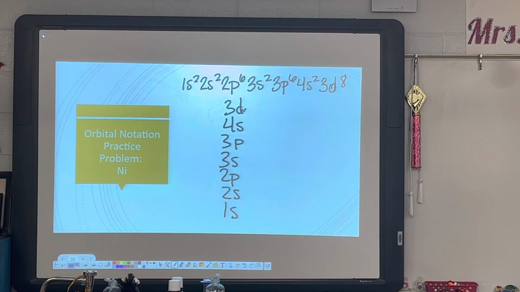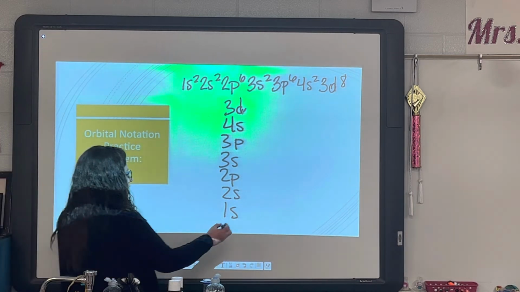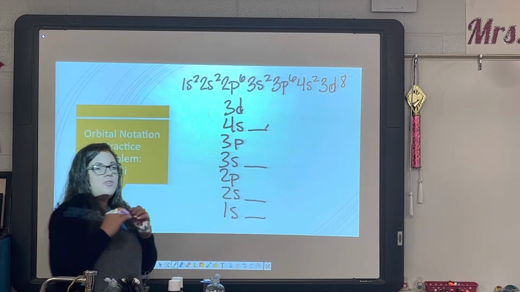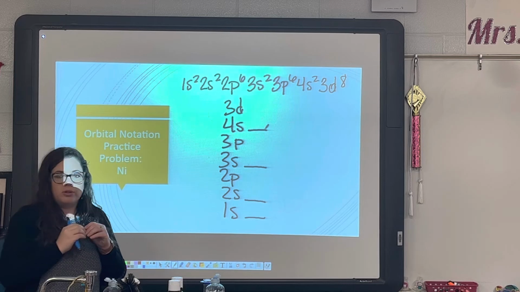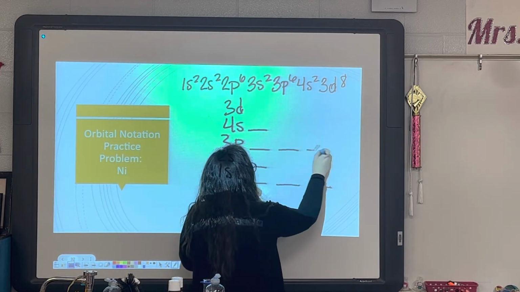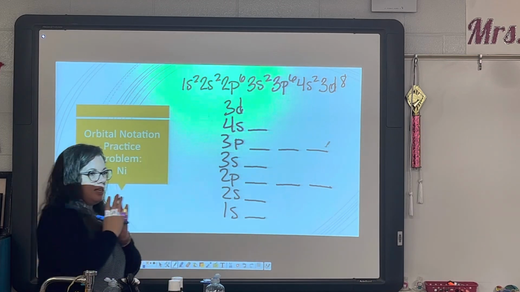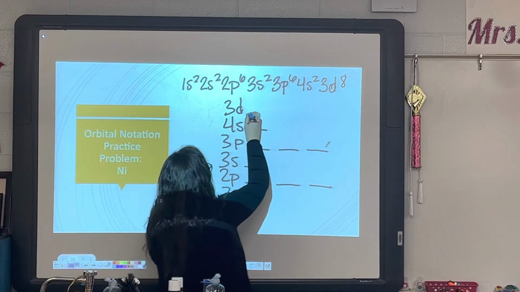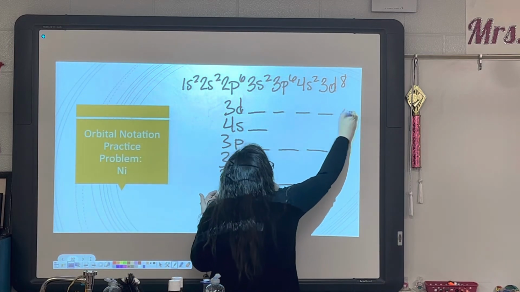Alright, so now all of the s's are going to get how many orbitals? 1. So I can go in and put 1 dash for any s. All of the p's are going to get how many orbitals? 3, because there's 3 p's. And how many will my d get? 5, because there's 5 different types of orbitals for the d. 1, 2, 3, 4, 5.